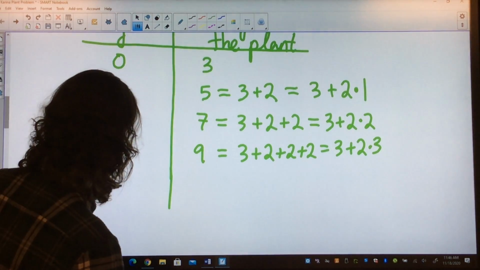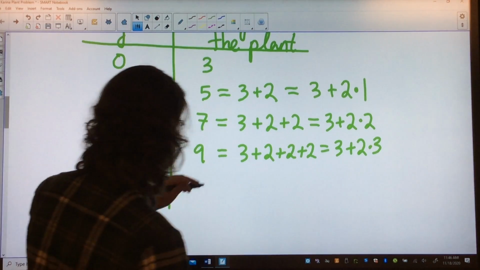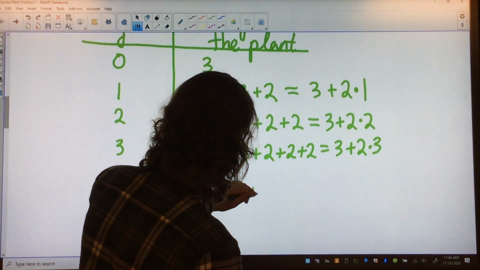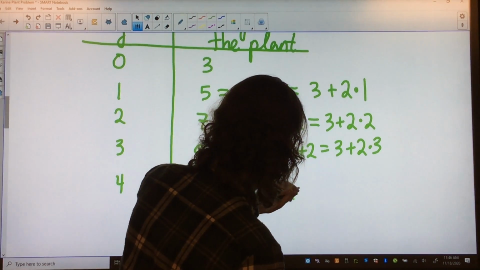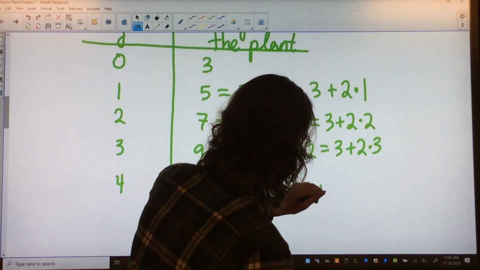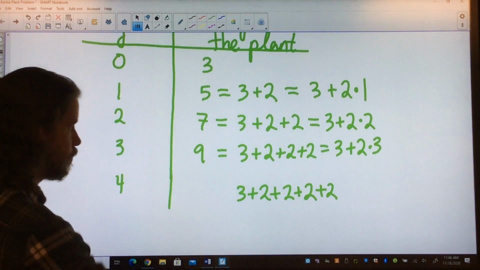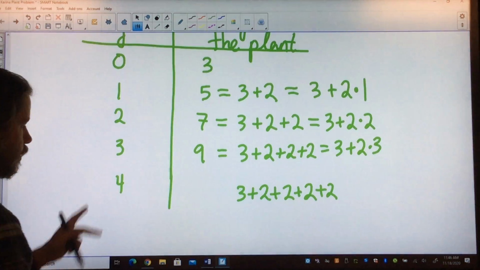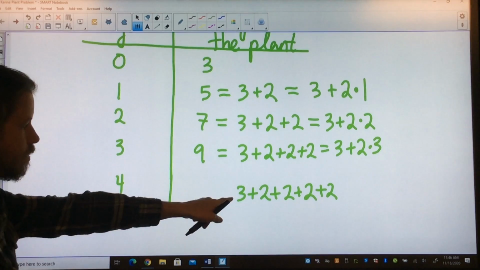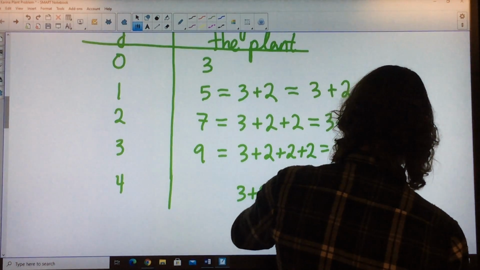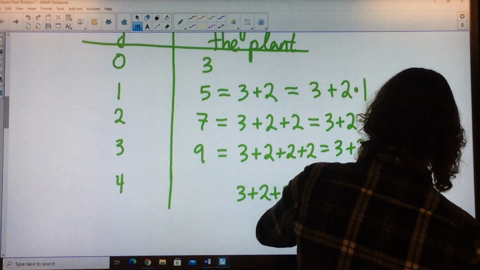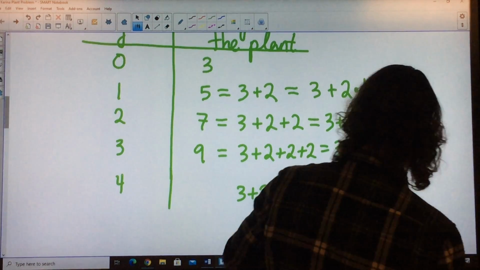So on the fourth day, I'm going to have 3 plus 2 plus 2 plus 2 plus 2, because I'm just adding one more 2 on the end there. Well, on the fourth day, I added 4 2's, so that would be equal to 3 plus 4 sets of 2.